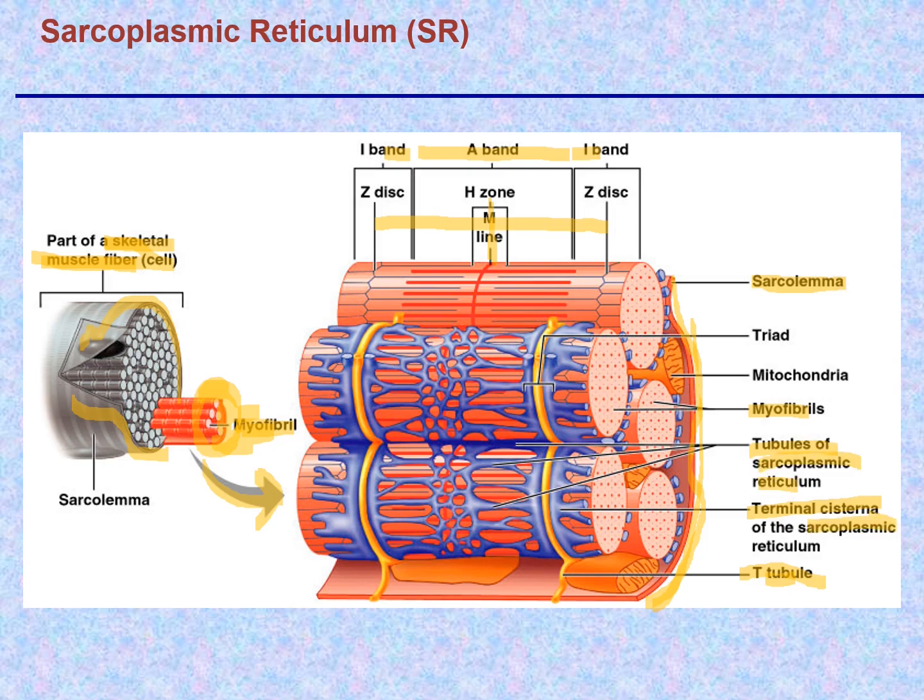The cisternae of the sarcoplasmic reticulum contain calcium, and I'll describe the role there. There are also quite a few mitochondria shown in this diagram. The skeletal muscle fibers are full of mitochondria, generating the energy that's required for all the activity that they carry out.